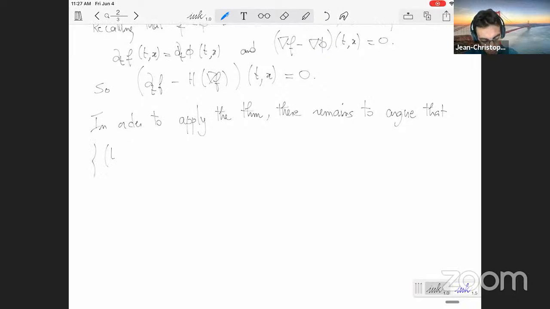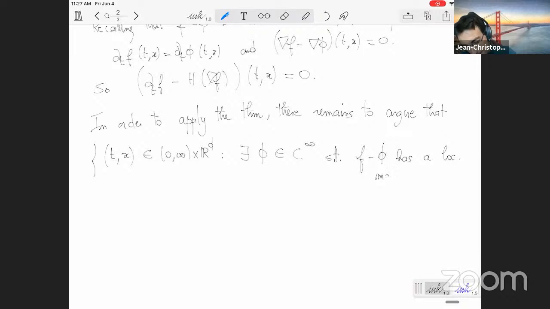So the set of tx such that we can find a smooth function phi satisfying that f minus phi has a local maximum at tx, or a strict local maximum if you want. That this set is dense.